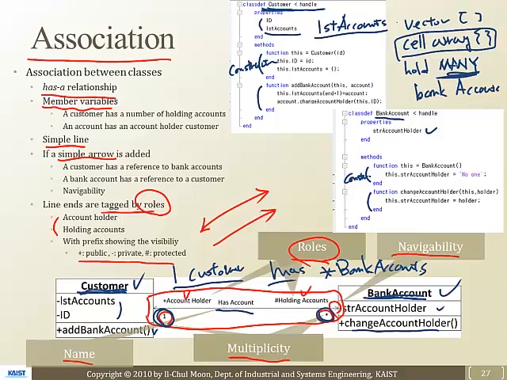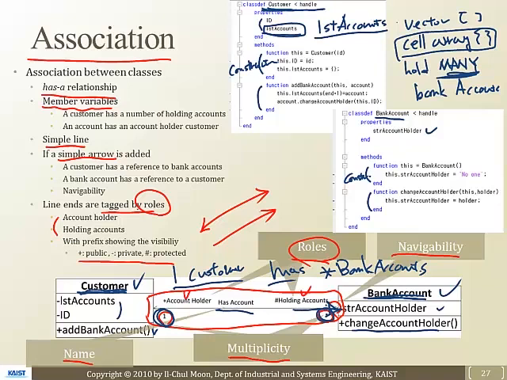Many. And from the customer's perspective, anytime this customer can utilize the bank account by calling the list of accounts. So it means the customer can access the bank accounts, right?